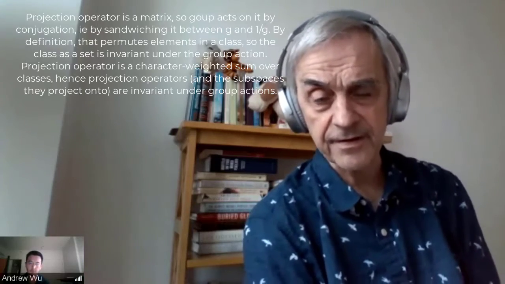Every sum that we look at is a weighted sum of the group elements, weighted by characters. For symmetric, it's always 1. For antisymmetric, half of them are -1. And for any other case, there are some complex numbers, phases, etc.